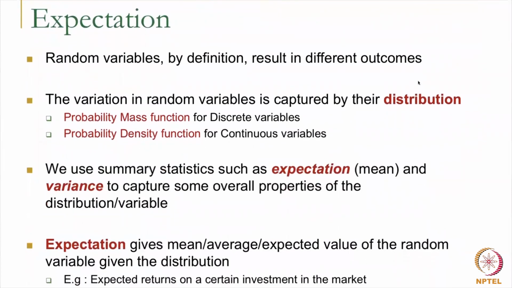Now we come to the important idea of expectation. The expectation is simply an extension of the statistical idea of mean, except mean generally applies to finite samples, but expectation is what you expect in the infinite limit, or the very, very large limit.